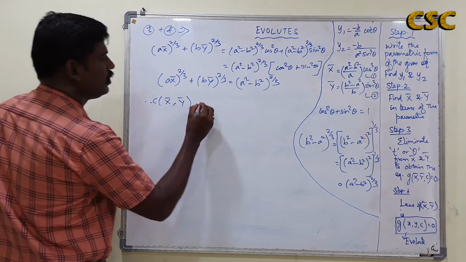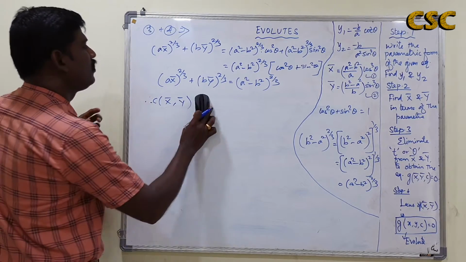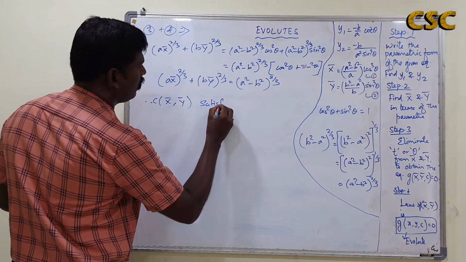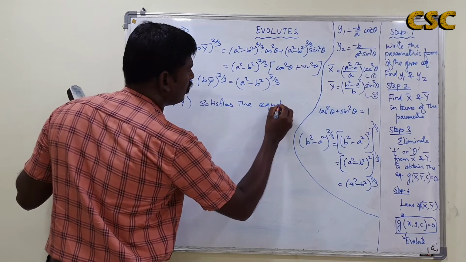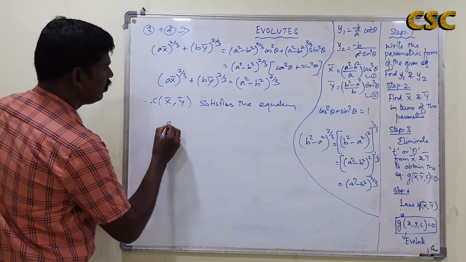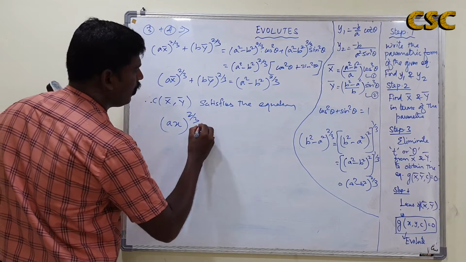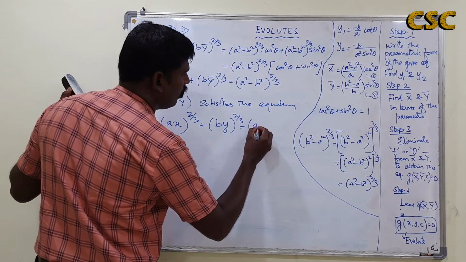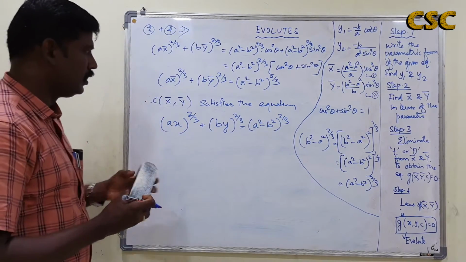The center of curvature C satisfies the equation a x to the power 2 by 3 plus b y to the power 2 by 3 equal to a square minus b square to the power 2 by 3.